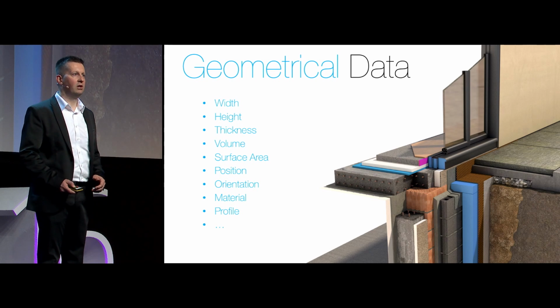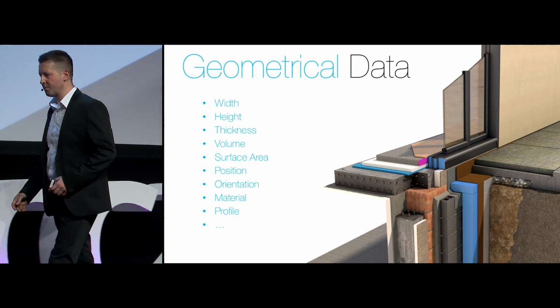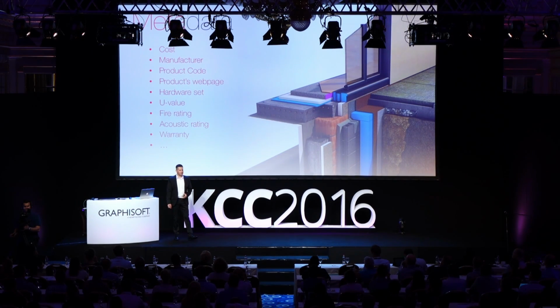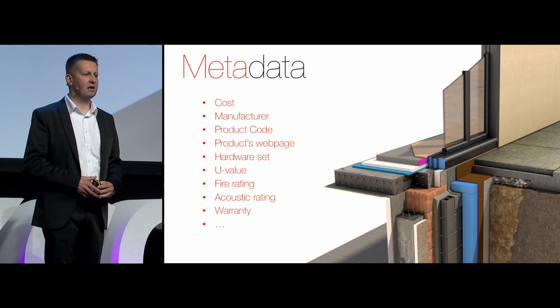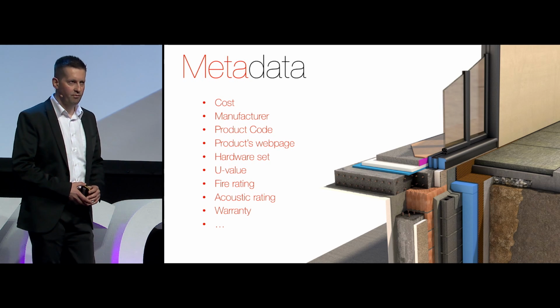Challenge number two is that not all information is coming from the model directly. So there is even more information which is related to the model, but not geometric directly, like cost or specs or descriptions. They all need to be connected to the model, but they will not come from the model.